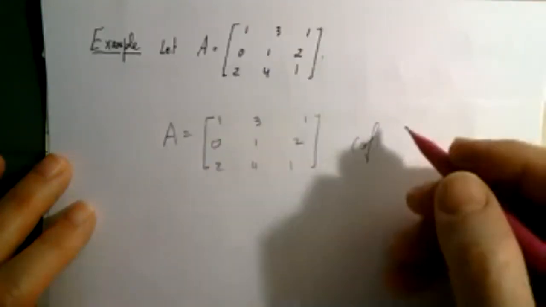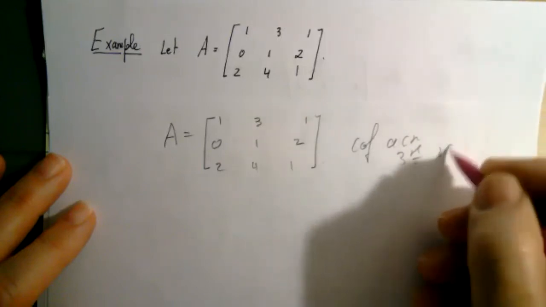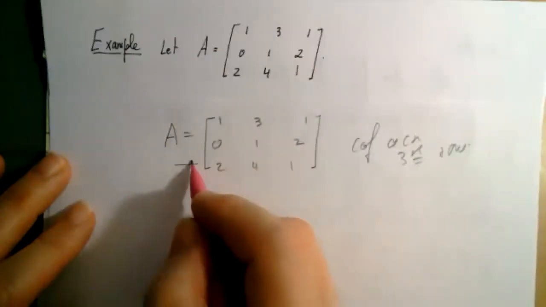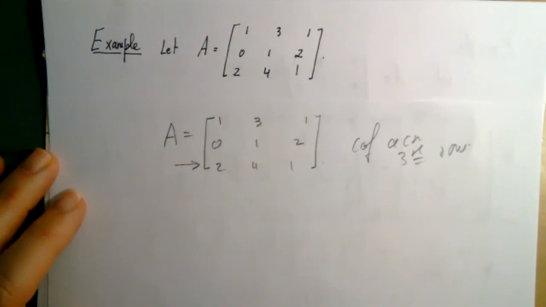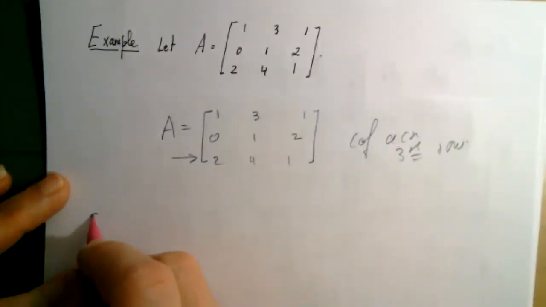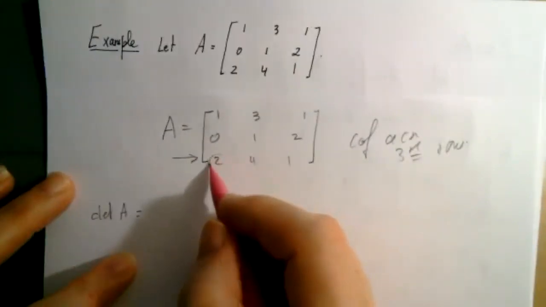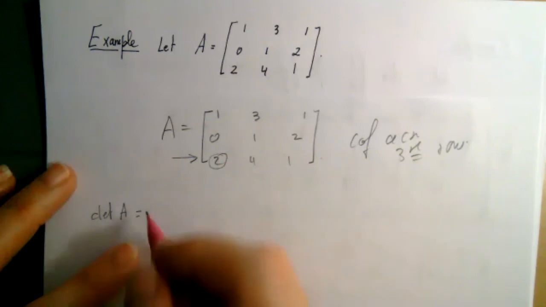Let me pick the third row. So we're going to compute the determinant by doing cofactor across the third row. And let's see how it works. So the determinant of A is this entry. That's what it tells me.